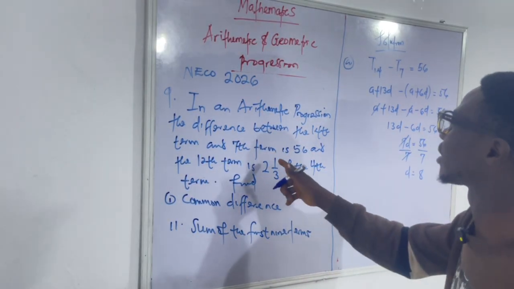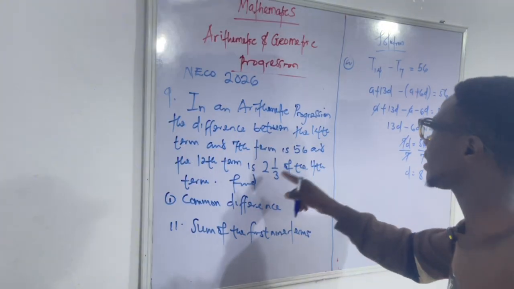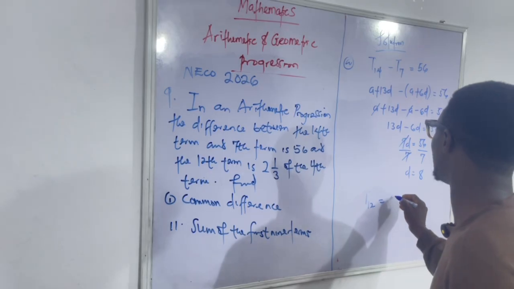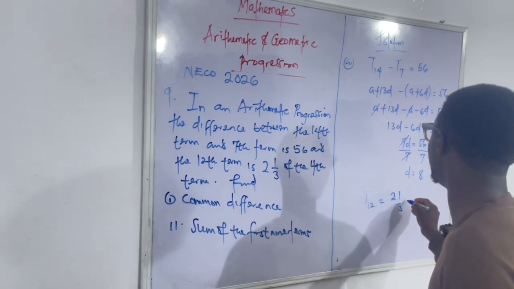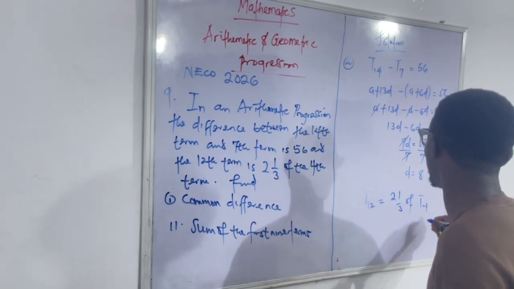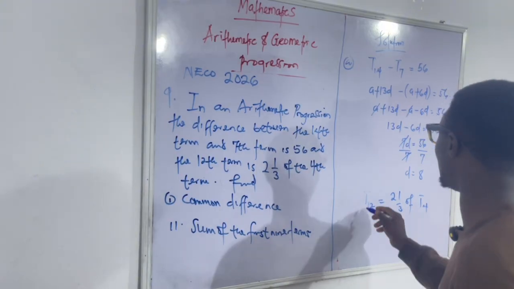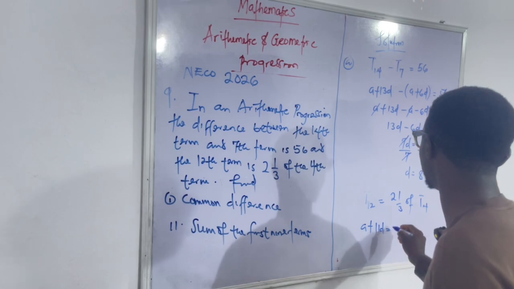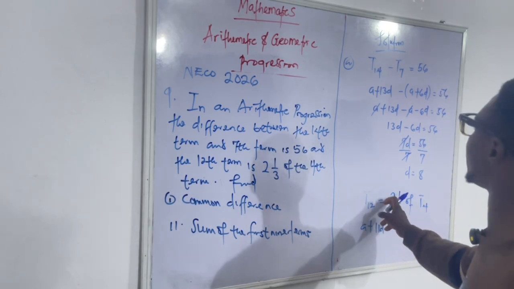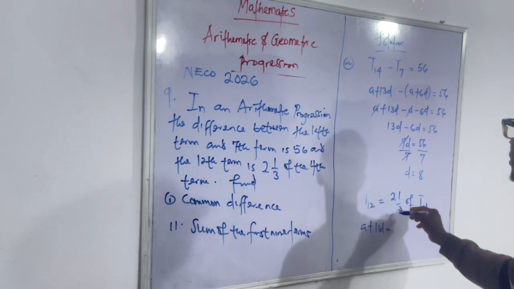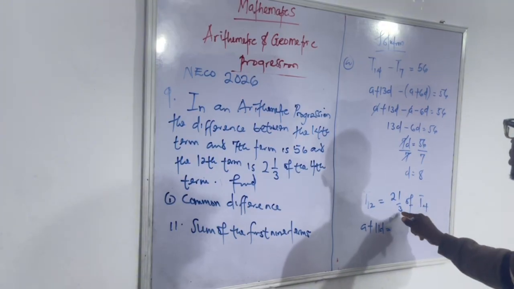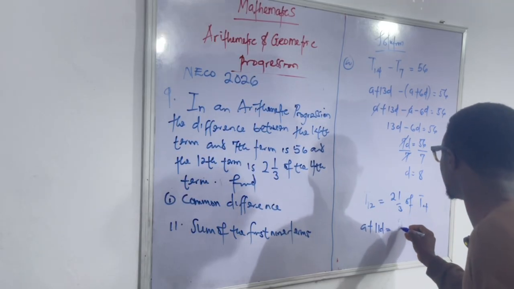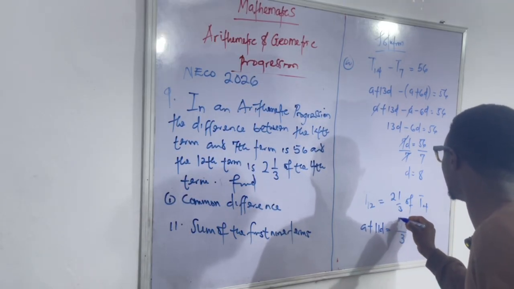So now, the second statement says that the 12th term, T12, is what? 2 number 1 over 3 of the 4th term. So this one is A plus what? 11D. So this is 2 times 3. We need to change the mixed fraction to an improper fraction. 2 times 3, that's what? 6 plus 1, 7 over 3.